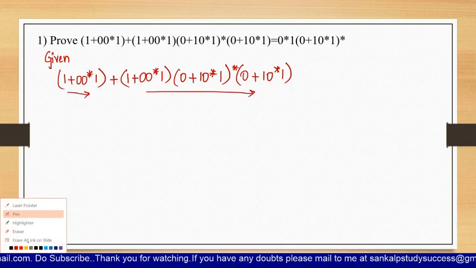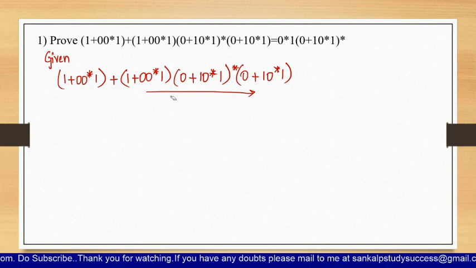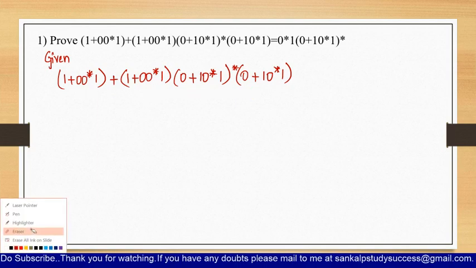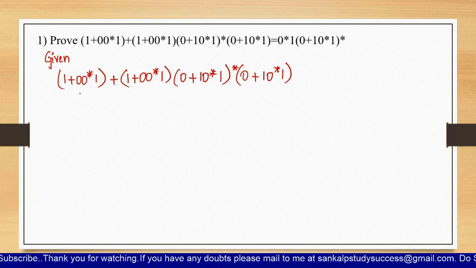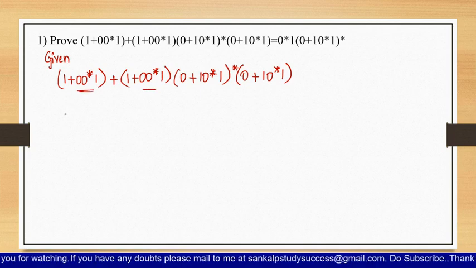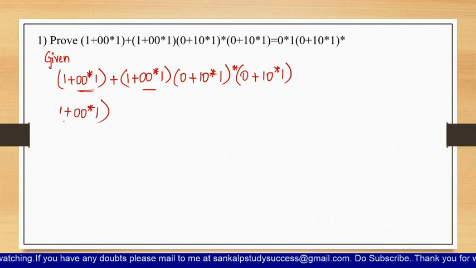So now, if you observe the identity, then you will get it as, here if you take 1 plus 0 0 asterisk 1, and from here there is one more term. If you take this term as common, 1 plus 0 0 asterisk 1, then you will be left with nothing here, right?